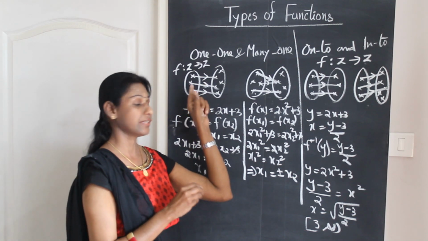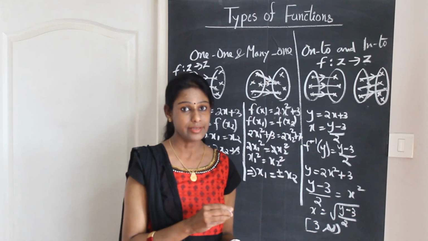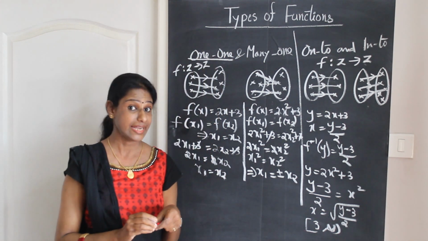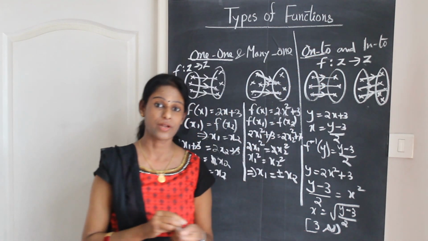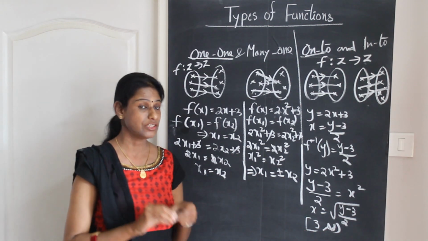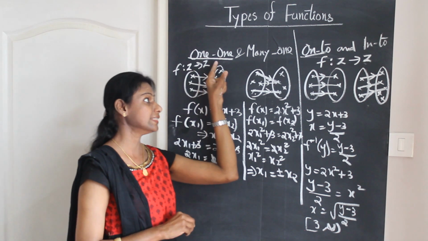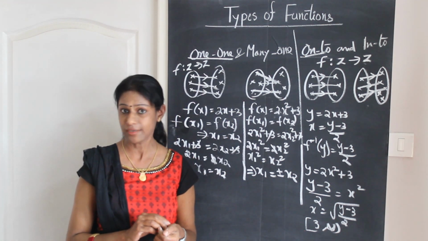So this is the classification as one-to-one, many-to-one, onto and into. This one-to-one is also known as injective function. Onto is also known as surjective function. A function which is one-to-one and onto, or we can say injective and surjective, is known as a bijective function.